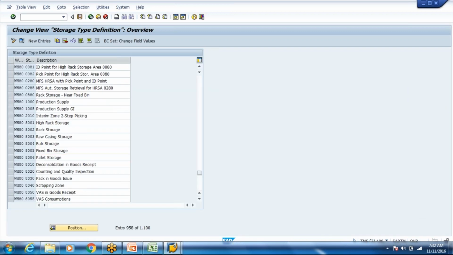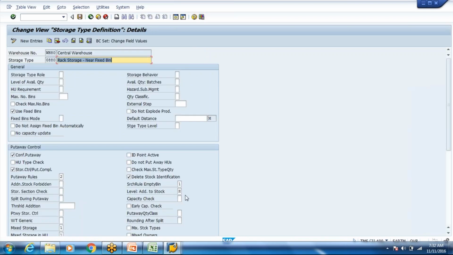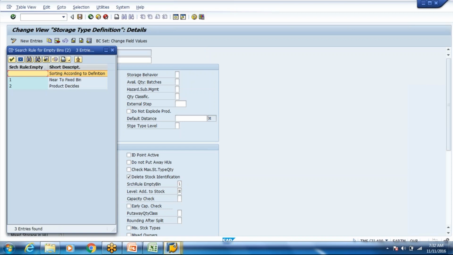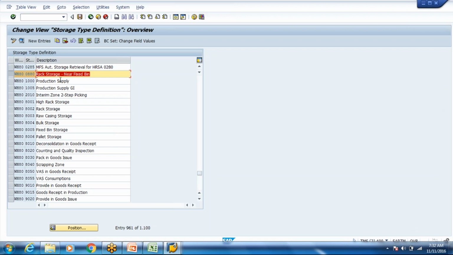So let's say for, see, this is a standard storage type which has near fixed bin. So for near fixed bin, this indicator should be set to 1, near to fixed bin. So we'll set a separate storage type maybe later when we are doing replenishment, and try to put away stock in near fixed bin.